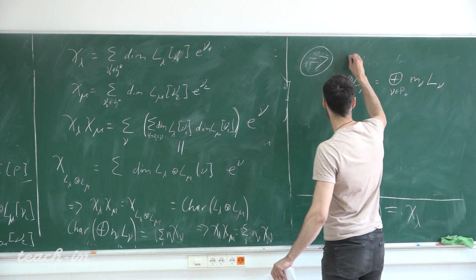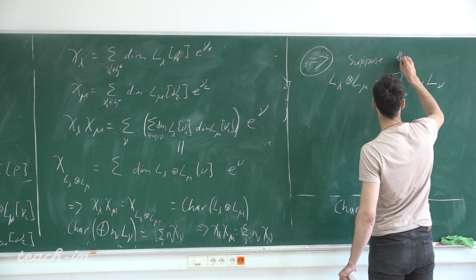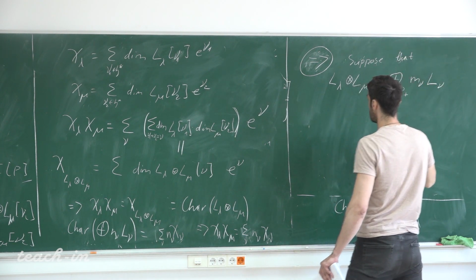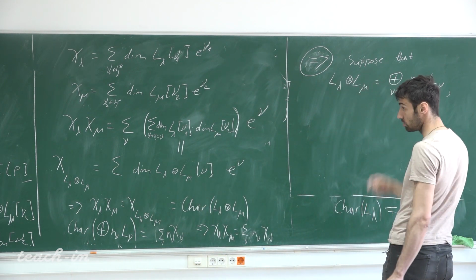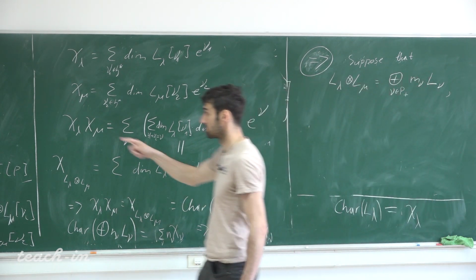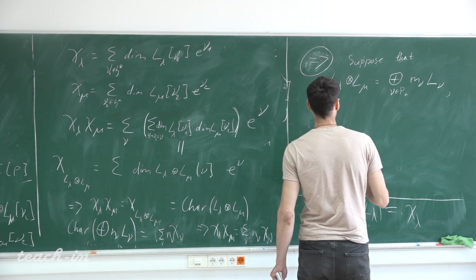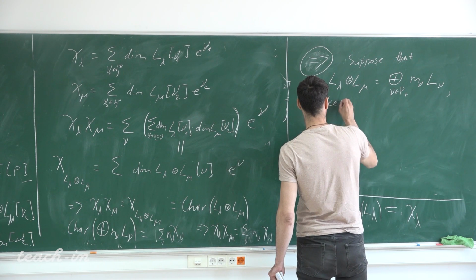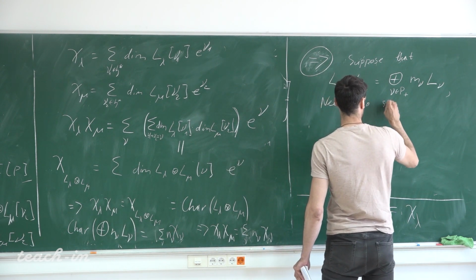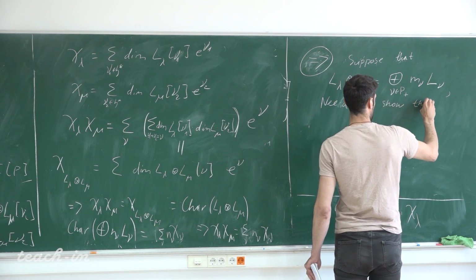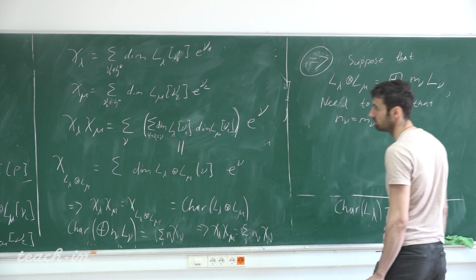Suppose that we have this, and also we have such a decomposition of characters. We need to show that n nu equals m nu.